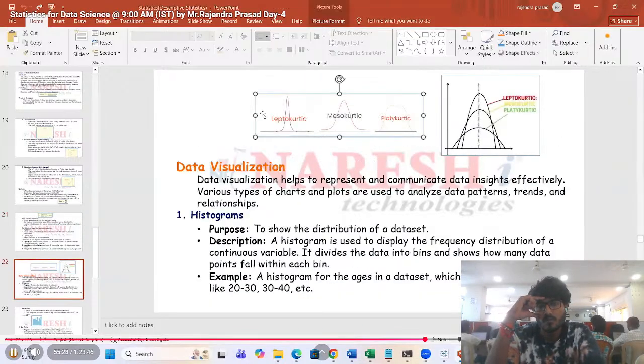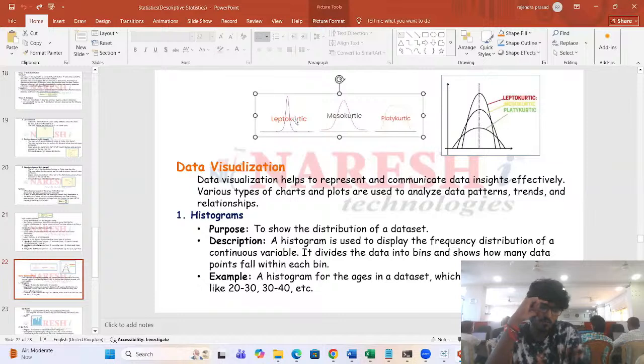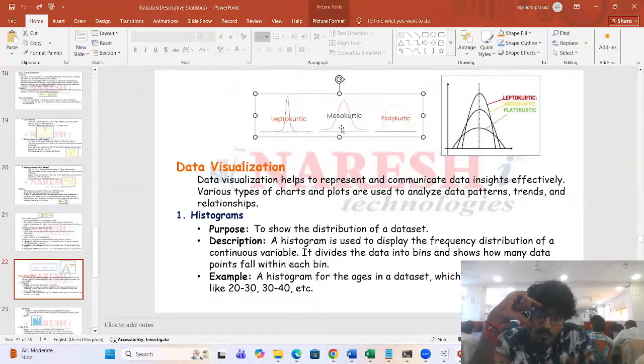Leptokurtic means the kurtosis value is greater than 3, high peakedness, like this. Next, if the kurtosis value equals 0 or equals 3, then you say it is mesokurtic.